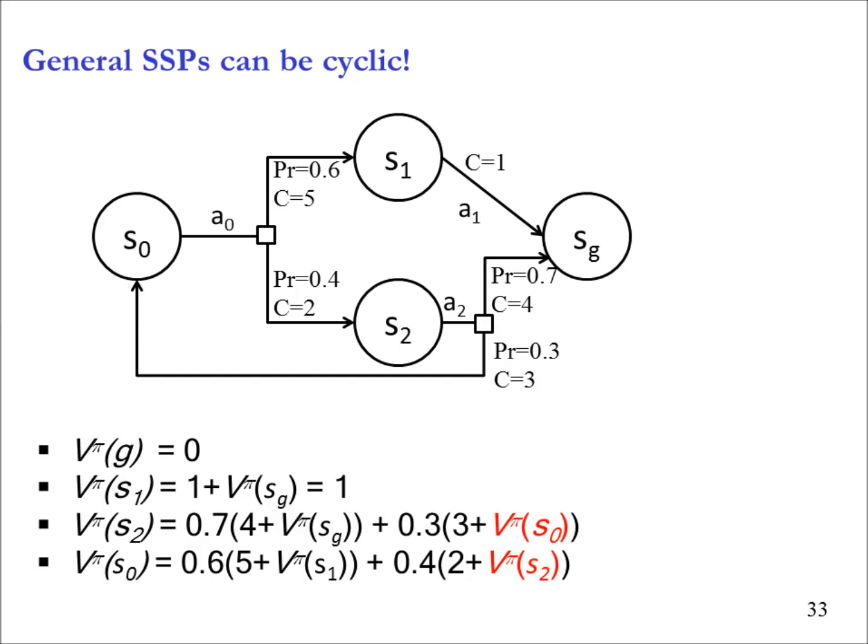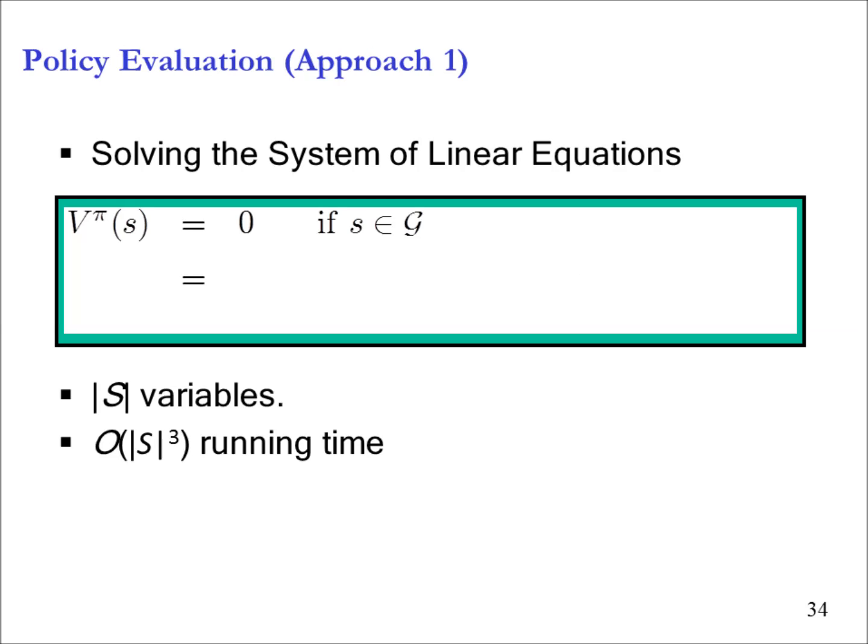Okay. So now this is easy, but let's spell out these equations. It says if I am already in the goal, my value is 0. If I am not in the goal, then I will take the action pi s and with some probability reach state s prime. So I will have to pay some immediate cost, which is the cost of taking action pi s in state s and reaching state s prime.